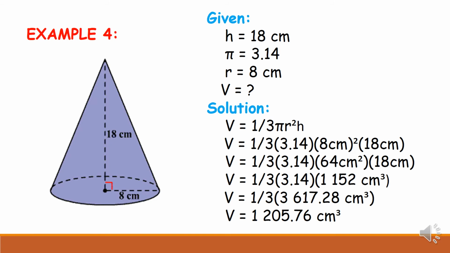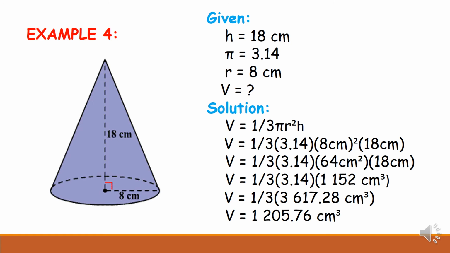Solution: the volume of a cone is equal to 1/3 times pi times r squared times h, or the height. Substitute our values: 1/3 times the value of pi, 3.1400, times the value of radius, 8 centimeters quantity squared, times the value of height, 18 centimeters.